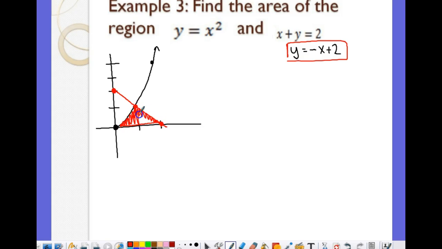Because if you keep going to the left, negative x plus 2 is going to intersect the other side too. And you just told us we're not doing this with respect to the x-axis. Why is it the area where they intersect, between the two? Because now we're doing it with the x-axis again.